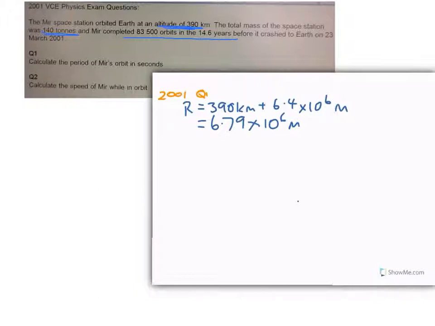In order to do that, we have to work out what the time for one orbit is. The period T will be equal to the total time divided by the number of orbits.